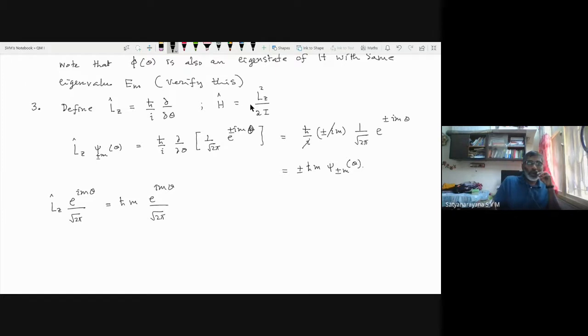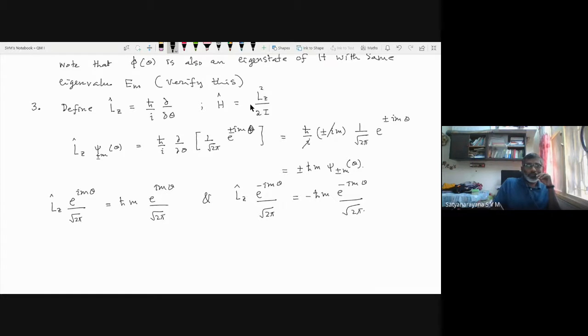And Lz on e to the power minus im theta by root 2 pi gives minus h bar m times e to the minus im theta by root 2 pi. So these two functions are eigenfunctions of Lz also.